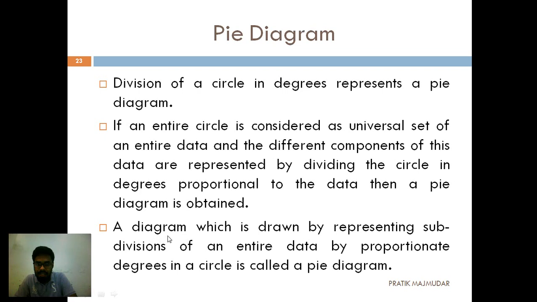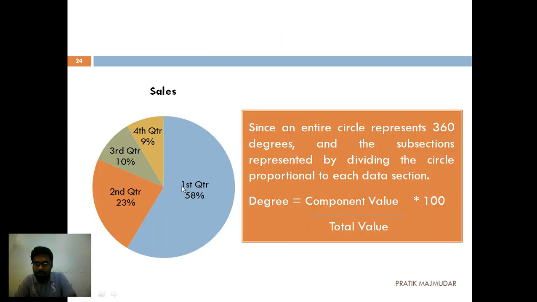Now, this is the last definition related to the pie diagram. A diagram which is drawn by representing subdivisions of the entire data by proportionate degrees in a circle is called a pie diagram. Let's take an example here. These are the subdivisions: division number 1, the first quarter; division number 2, the second quarter; division number 3, the third quarter; and division number 4, the fourth quarter.